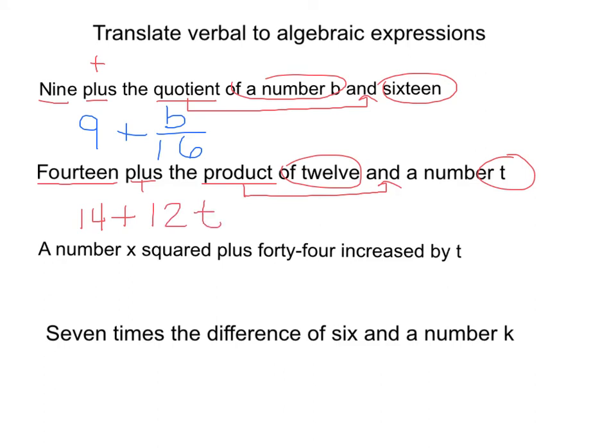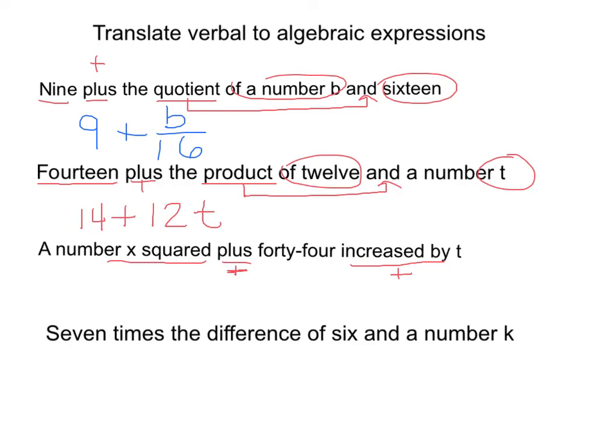And the next one is a number x squared plus 44 increased by t. So I have 3 operations here. X is squared, that's 1, plus 44, so that's another operation. And increased by, that was one of the words on our word wall.